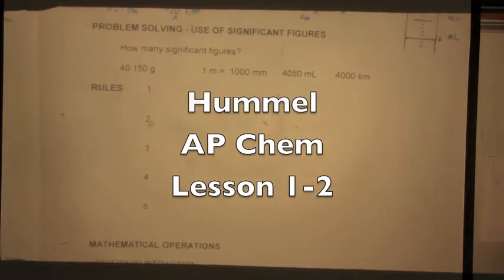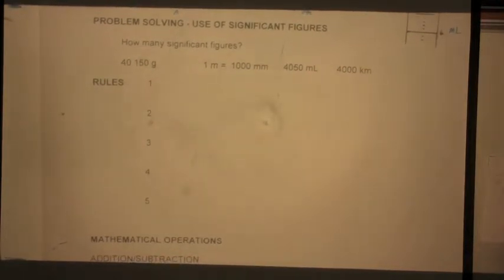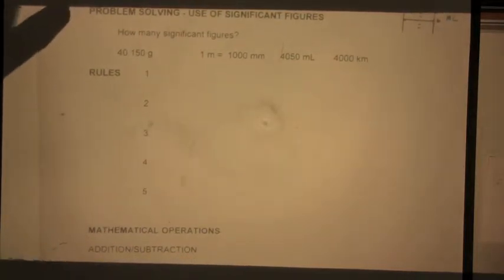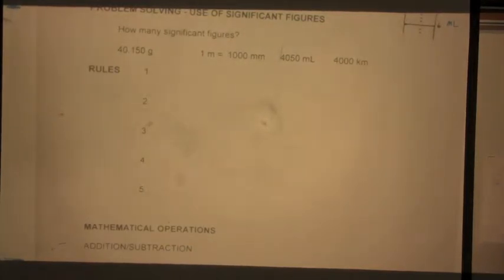For using significant figures, we're going to skip this part right now and go down to the rules, because we do have certain rules that you apply when you're just looking at a number and trying to decide how many significant figures the actual measuring device had.